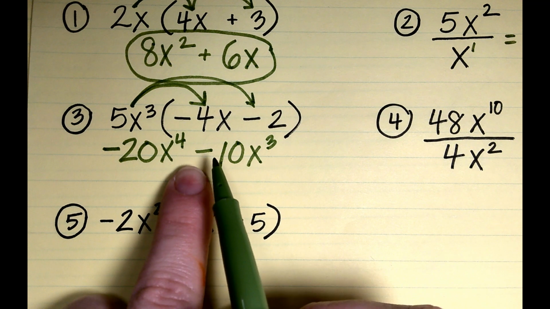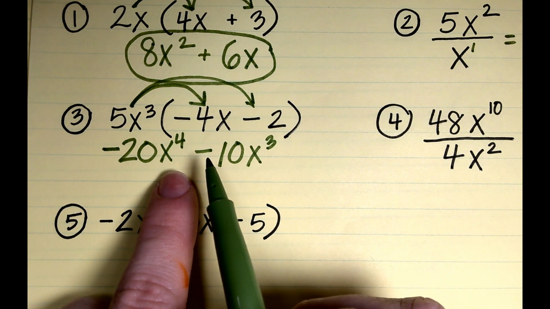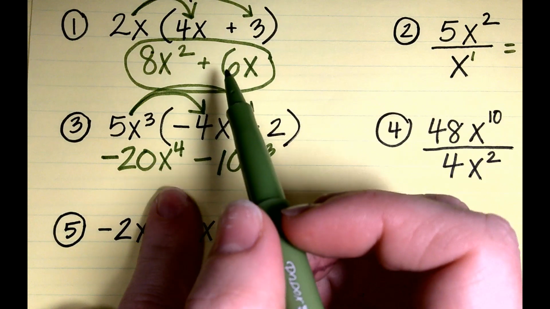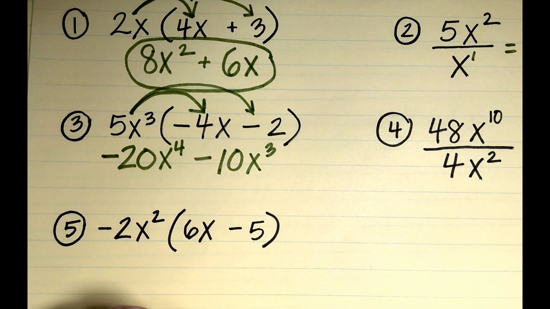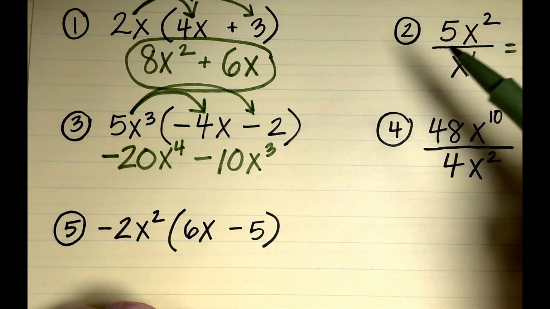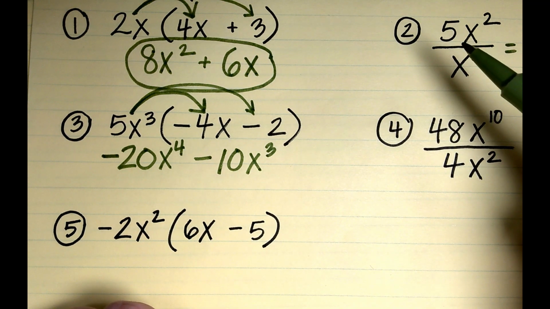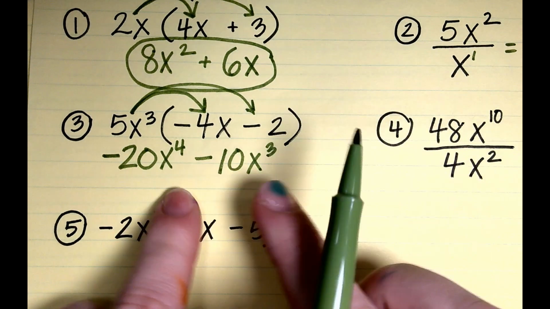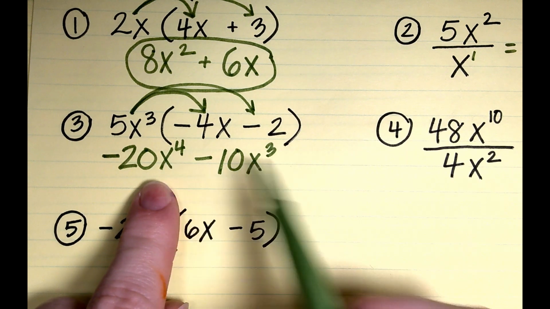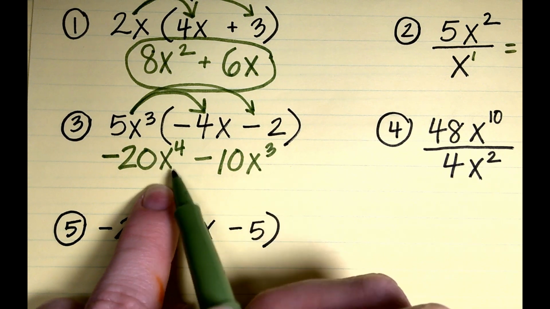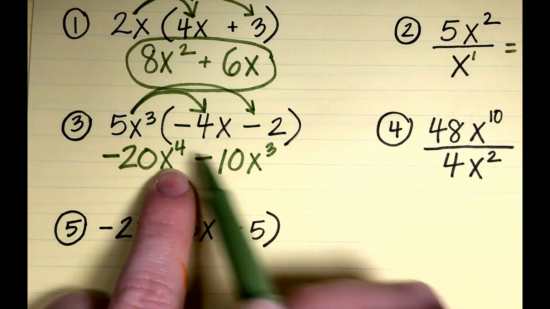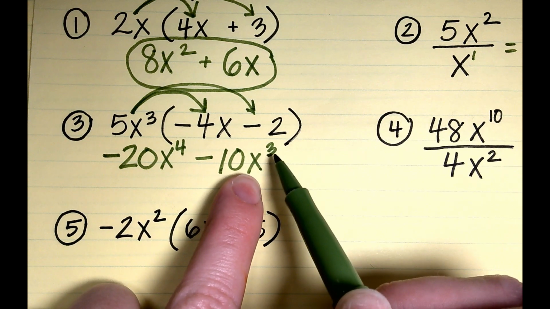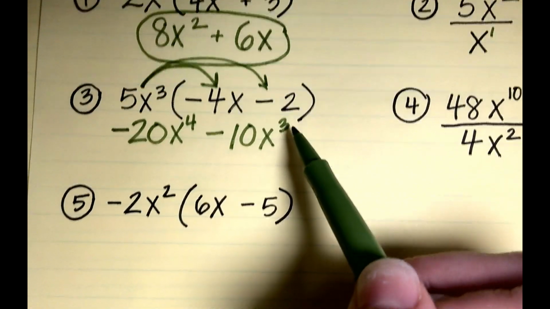Make this one addition. The first one. Yes. Same exponent right here, but we have x to the fourth power and then x to the third power. So we can't go any further here.